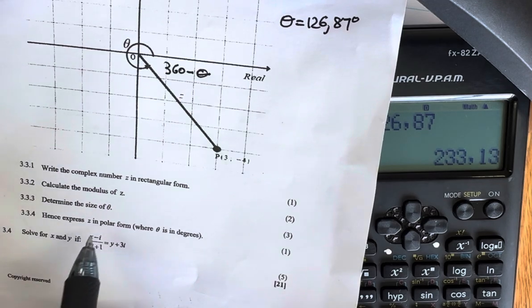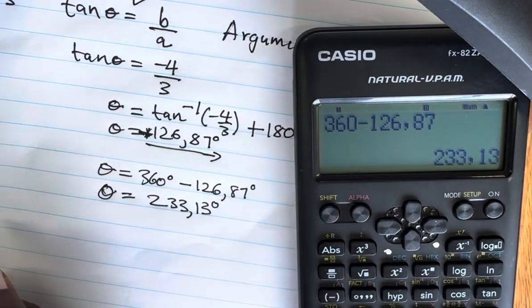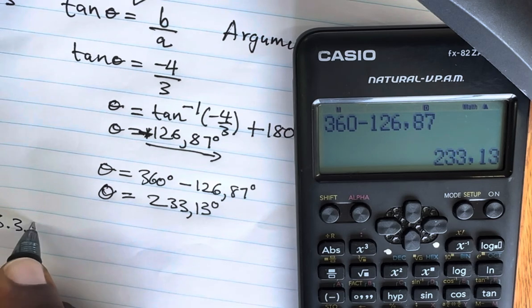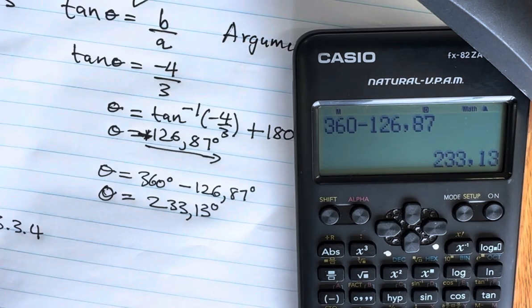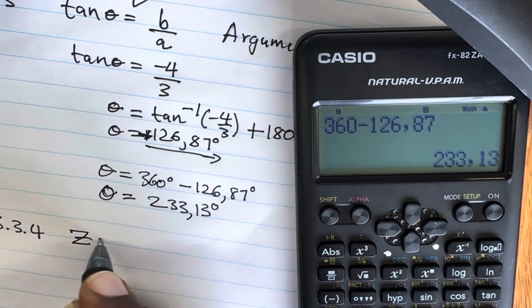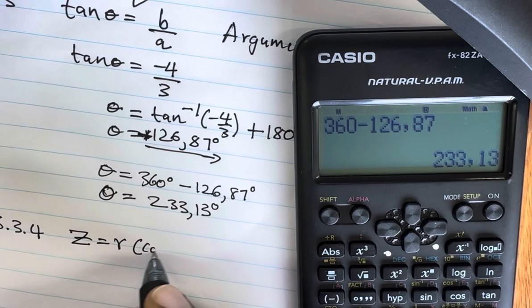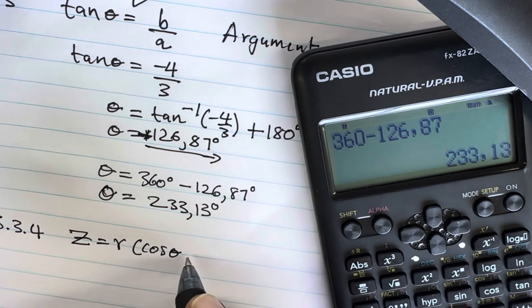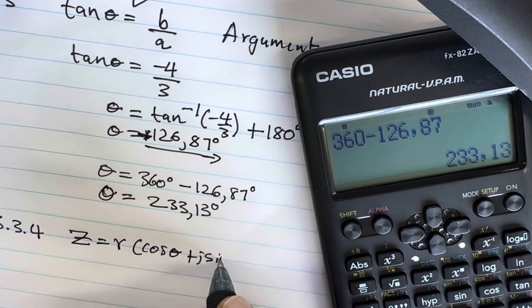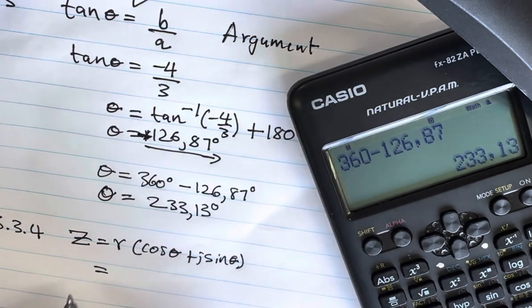So now 3.4: hence express z in polar form. We are going to have z equals R into cos theta plus i sine theta. What is our modulus?